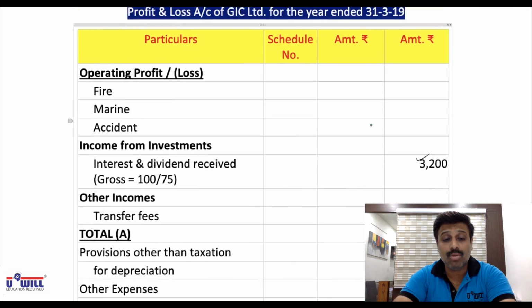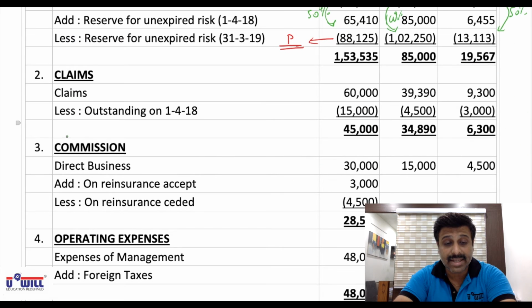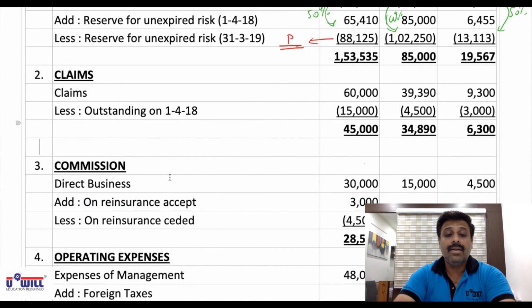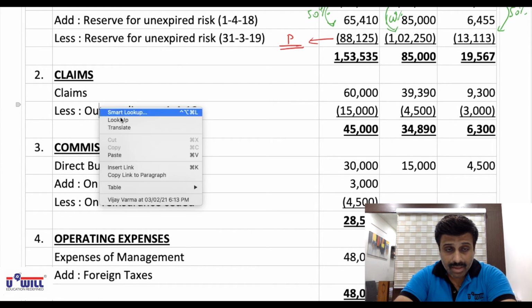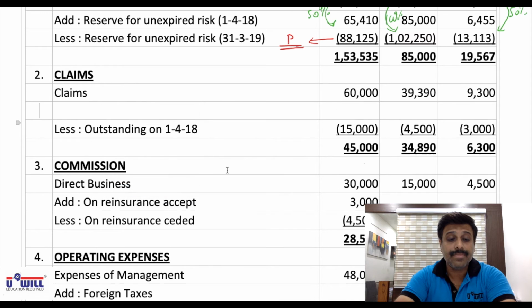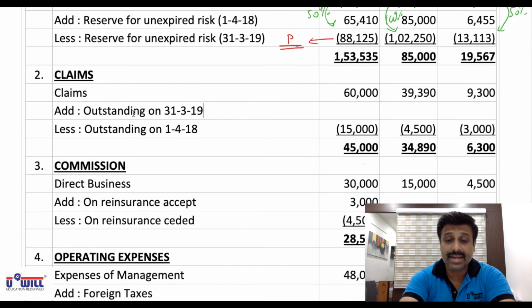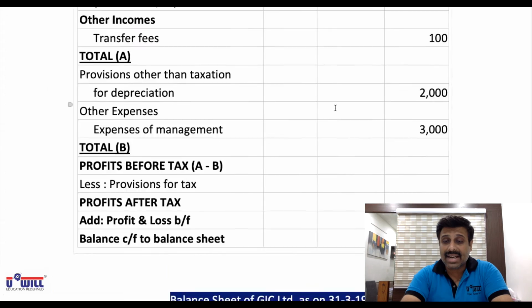So all of you will have to include this amount in our workings of adding it in claims, in schedule of claims. Whatever is claims unpaid or outstanding on 31/3/19, in college they have added it in claims also and shown it in current liabilities also.